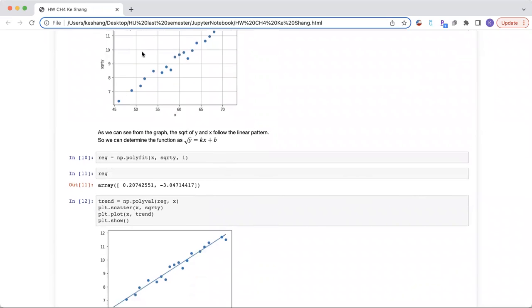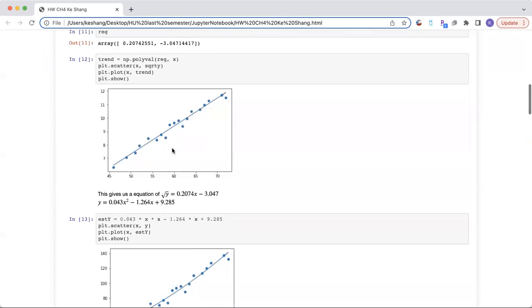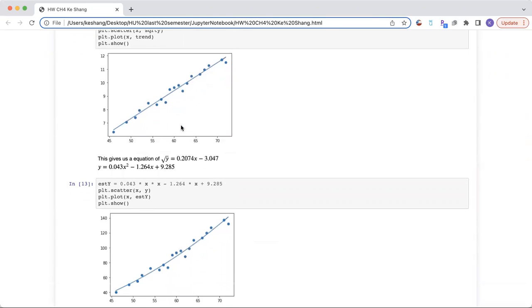So if we fit the plot, we can get the two regression variables here, and we use these numbers to plot a linear line. We get our equation: square root of y is equal to 0.2074x minus 3.047.